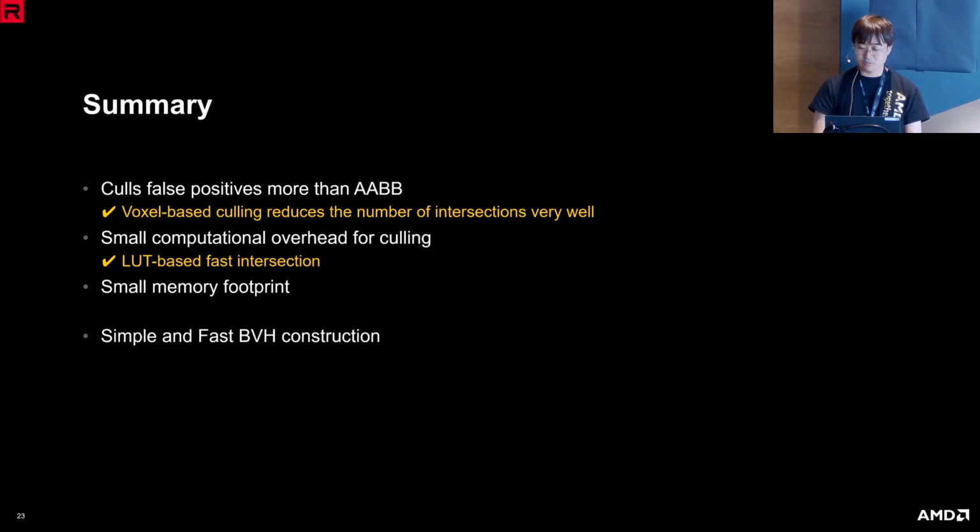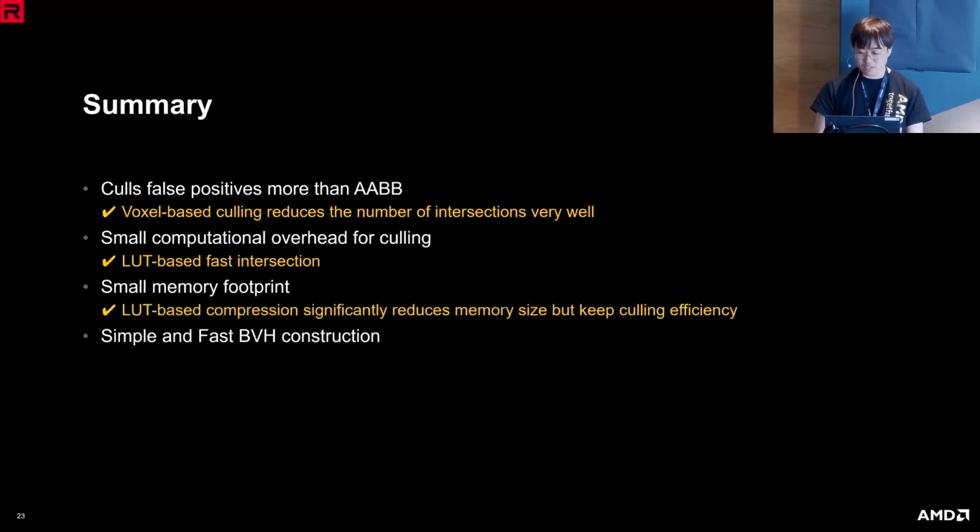Our approach's overhead is cheap thanks to the LUT-based intersection, so we saw performance improvements on specific scenes. Third, small memory footprint. Our LUT-based compression significantly reduced the memory size, but kept culling efficiency.